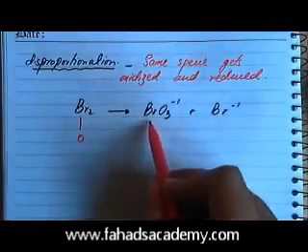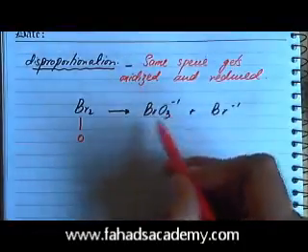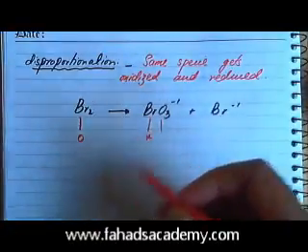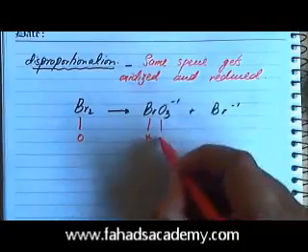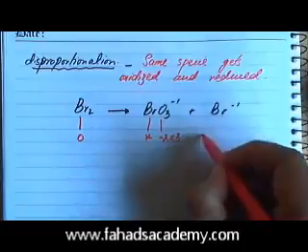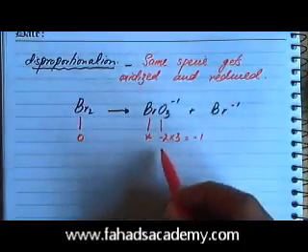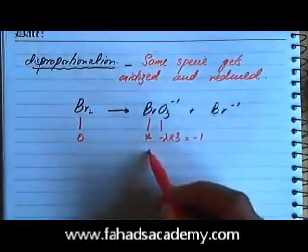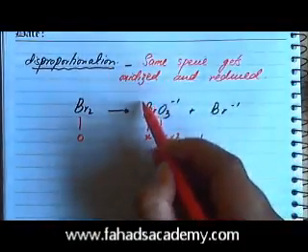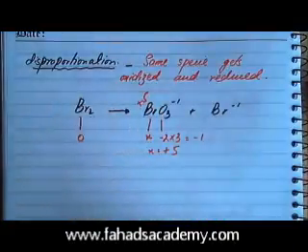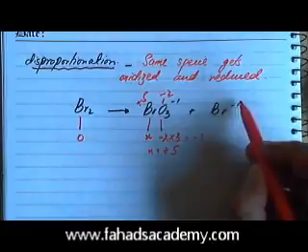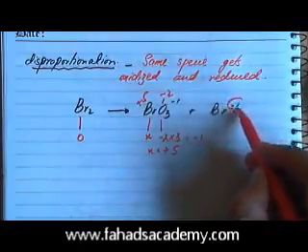It would have been minus 1, except that it is now bonded with oxygen, so we need to find the oxidation state of bromine, so that's X. And on oxygen, the oxidation state is minus 2, multiplied by 3, and the total charge on this entire ion is minus 1, so this all must add up to minus 1, so X comes out to be plus 5. So the oxidation state of bromine over here is plus 5, and on oxygen it is minus 2, and over here bromine has an oxidation state of minus 1.